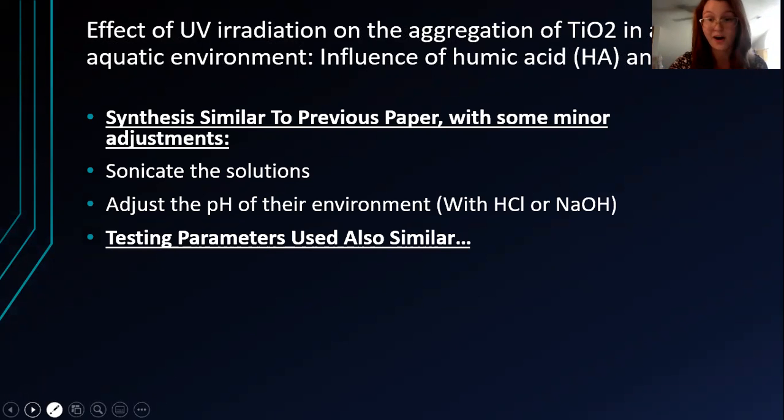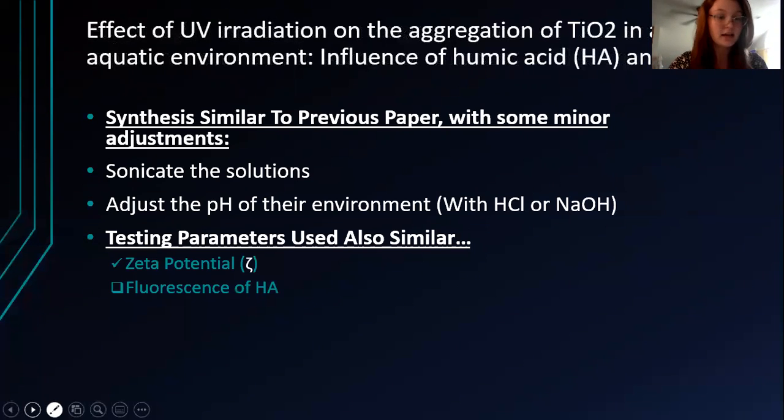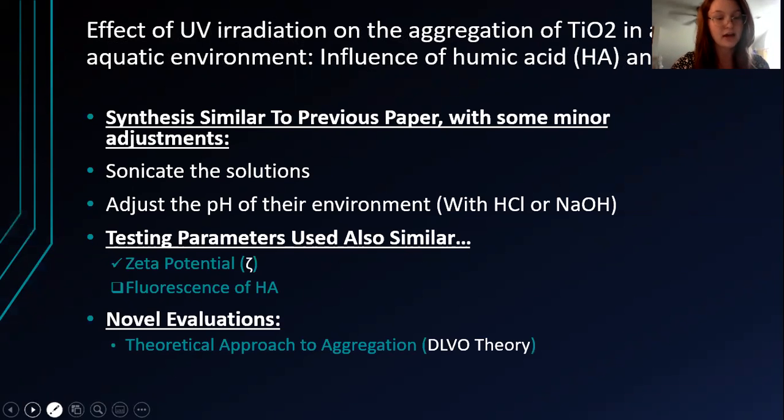Testing parameters are also similar to the previous paper in that they look at zeta potential, specifically pH effects on the zeta potential. They also look at the fluorescence of humic acid to understand the mechanisms as well. However, it's more supplementary information in this paper. Some novel evaluations include applying the theoretical DLVO theory to their empirical data, which has a lot of interesting findings.